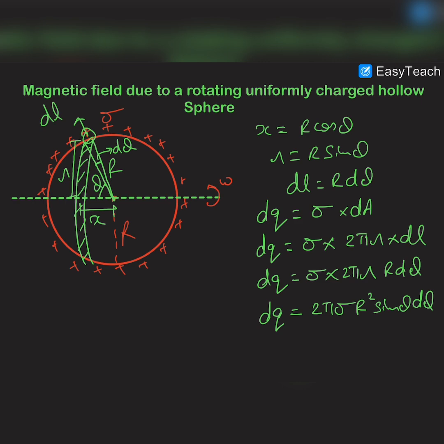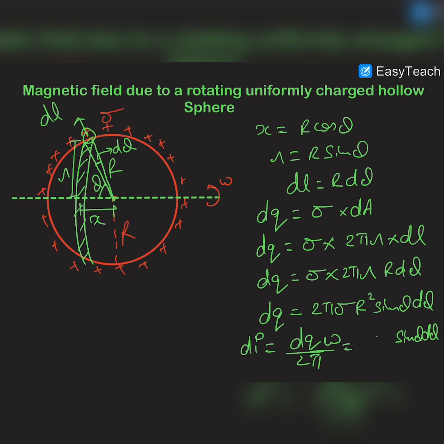Now due to rotation, there will be a small current in this ring, and that average current will be dq omega by 2 pi. So it would be equal to sigma R square sin theta d theta into omega. So I'll be writing it down here.